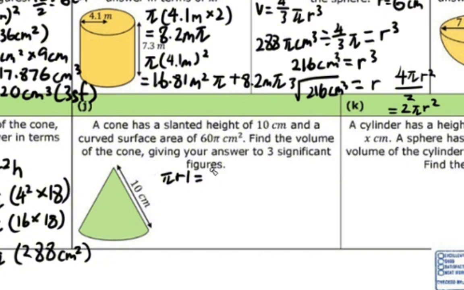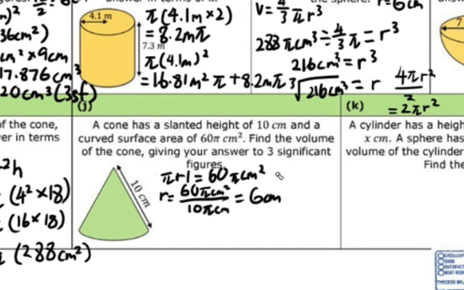So pi r l would equal 60 pi cm squared. To find the radius, we would take r equals 60 pi cm squared over 10 pi cm, with both of the pi's canceling. So we would get 6 cm.